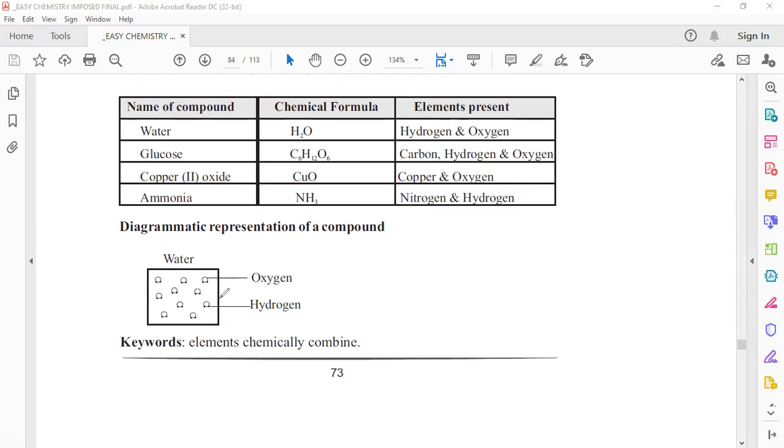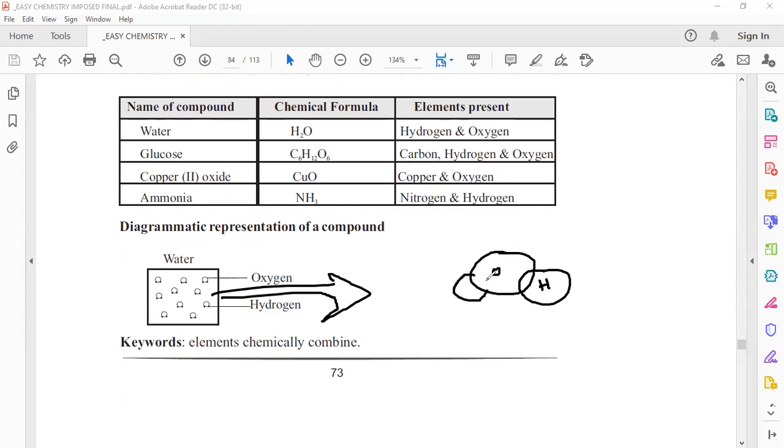Let me try to magnify what is there. In water we have oxygen at the center, surrounded by hydrogen. Hydrogen is smaller than oxygen in terms of atomic size.